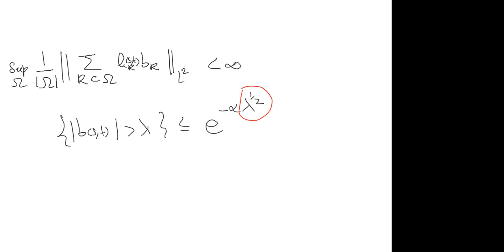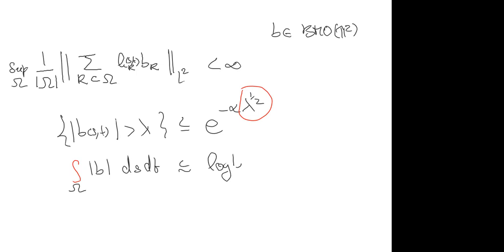If you now try to integrate such a B from product BMO over an open set omega, then the fact that you don't have a lambda but a square root of lambda gives you that, instead of the log of the size of omega, you get a square of this.